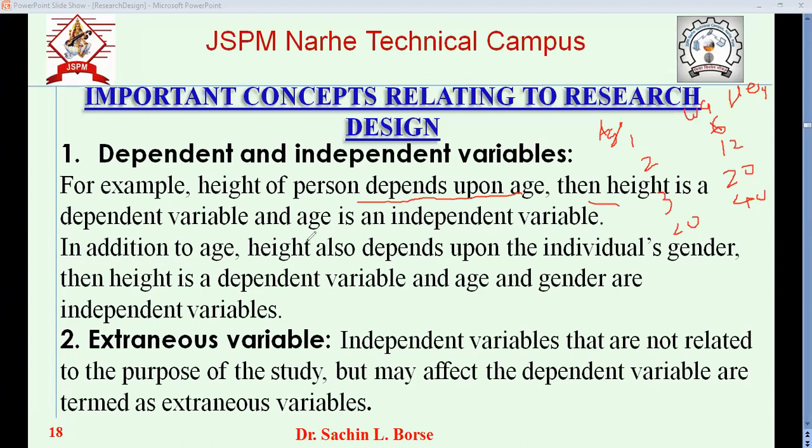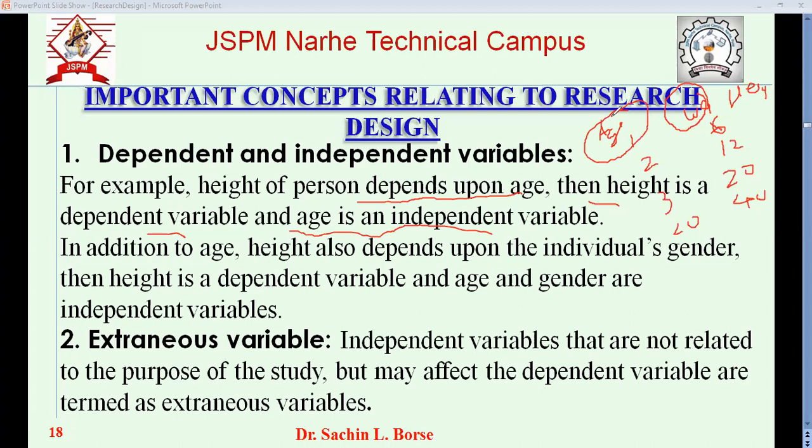The height is a dependent variable and the age is the independent parameter. Please understand. We know that as the age increases, the weight increases, the height increases. So we can say the height is a dependent parameter and age is the independent parameter.